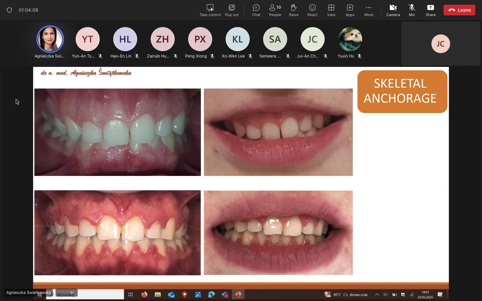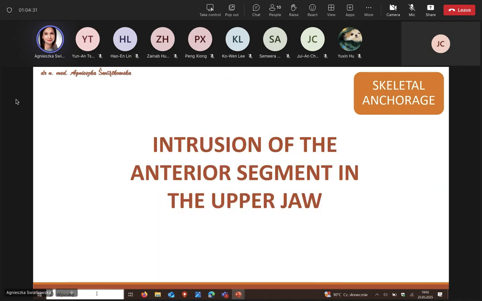And when I meet with the patient after 6 weeks, usually it looks much better. They have no problem with this kind of gingiva, but you see that we achieve a good correction of the occlusal surface in the upper jaw.